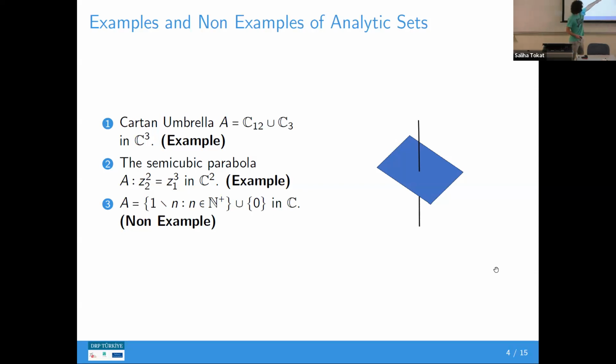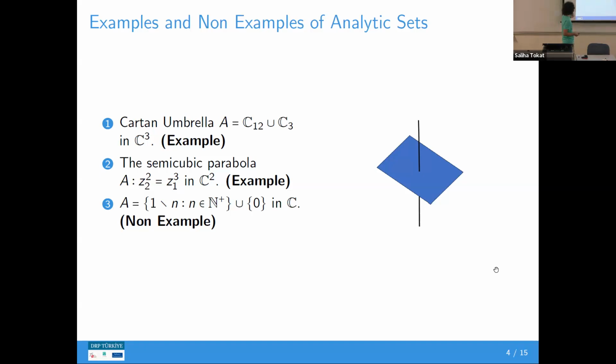Since 0 is an accumulation point of this set, by the identity theorem these holomorphic functions must be identically zero, because they are zero on the set around that accumulation point.